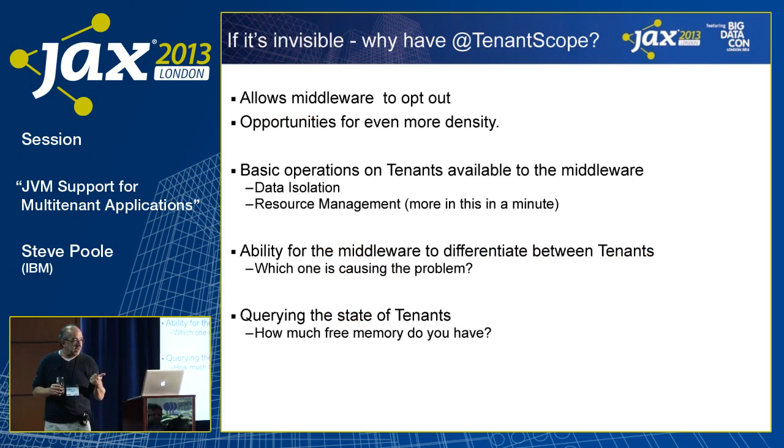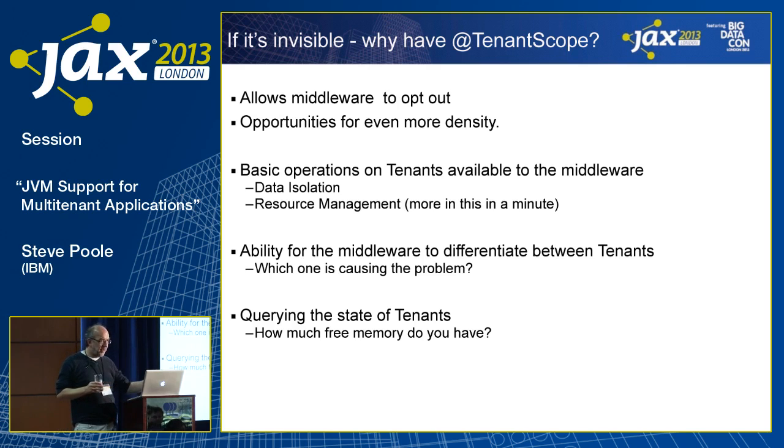As I said, it's there to let you opt out if you need to. If you're doing middleware, JDBC drivers, whatever, you may be going, in this world I need to know I can do a better job of dealing with what data is shared and not shared compared to what the tenant wants, better than the VM can figure it out.